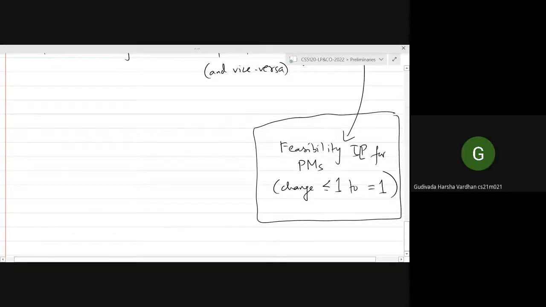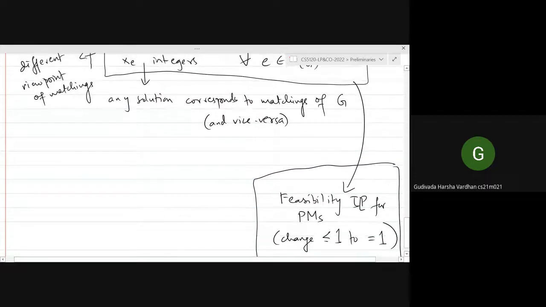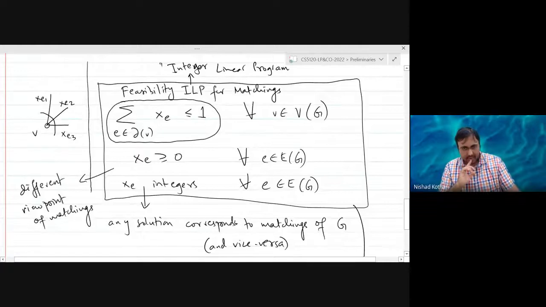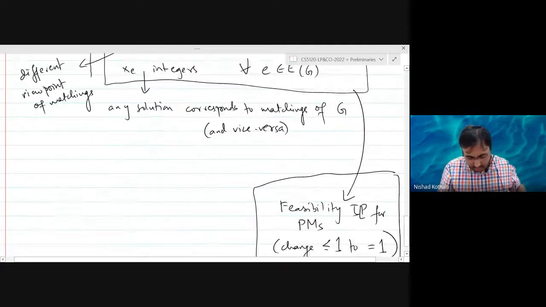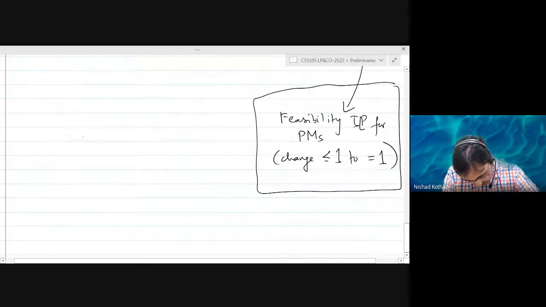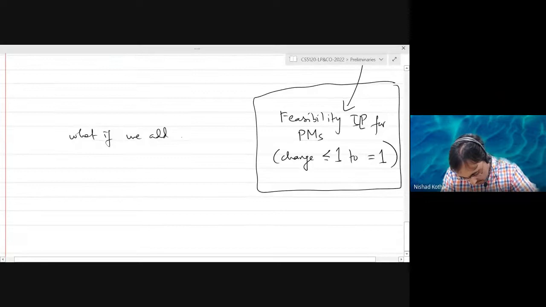Sir, can we add one more constraint? Like, is it necessary to add something like the sum of all the edge variables equal to the number of vertices divided by 2? That's a good point. So your question is, what if we add one more constraint?